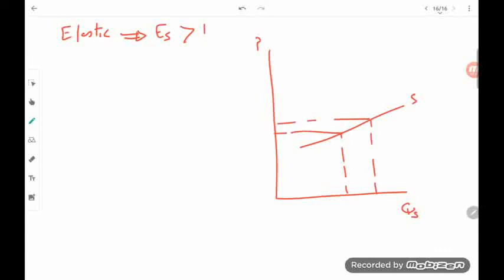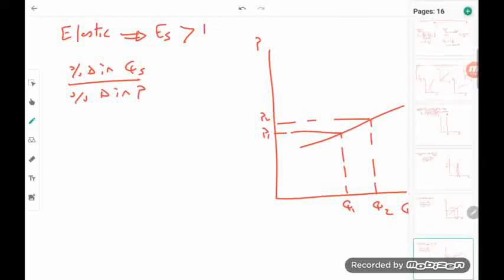As you can see from the figure, the difference between Q1 and Q2 is much greater than the difference between P1 and P2. So percentage change in QS will be greater than percentage change in price.